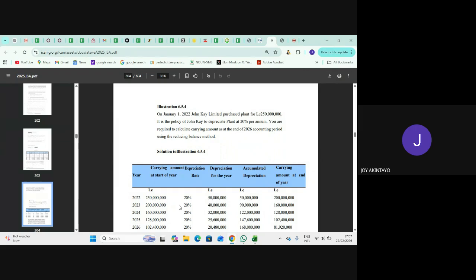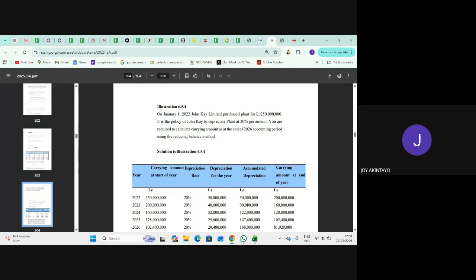Are we together? So like this, 250,000 minus 50,000, we have 200. So we carry this 200 to the following year. We apply 20% on it, giving us 40. Now, when we have 40, the next thing we need to do is minus the 40,000 naira, not the 90,000 naira. Are we together?